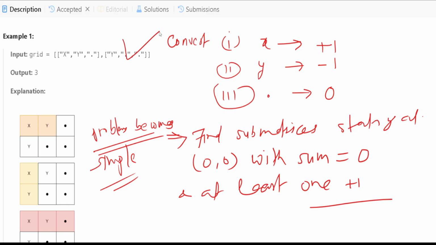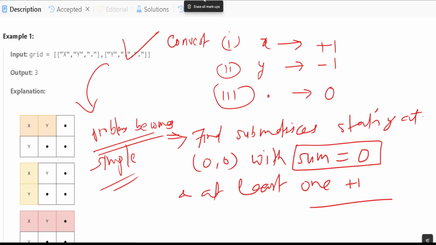Because we have converted the values, the problem becomes very simple: find the submatrices starting at 0 0 with sum equal to 0 and at least one +1, which means at least one x.